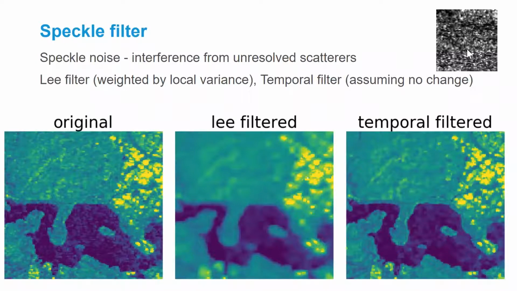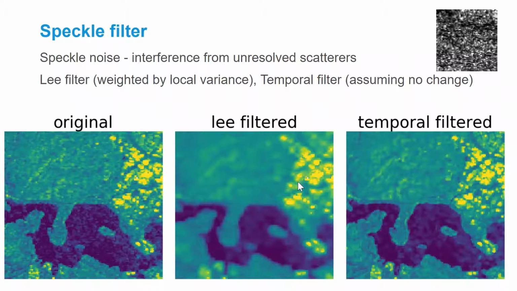But what you can do is, because it's noise, it has a certain distribution. If you average over multiple pixels, whether spatially or over time, you can reduce the amplitude of that noise and get a better measure of the true underlying backscatter signal.